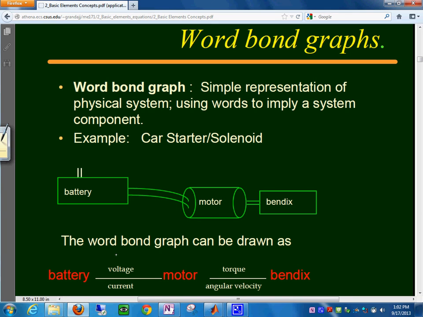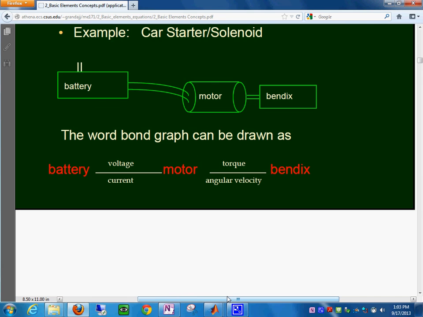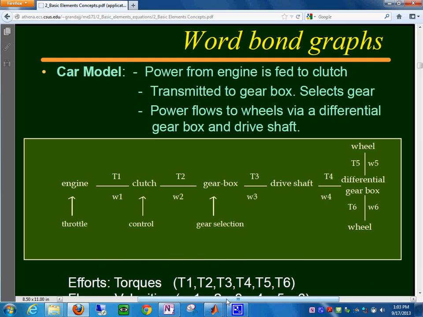But between this, there's the chemical domain, you may say, some chemicals in the battery transform into voltage and current, and the current transforms into a torque and angular velocity. So that's the idea behind creating models, to see how the elements are connected with each other. And once we do that, we will be able to do simulations.